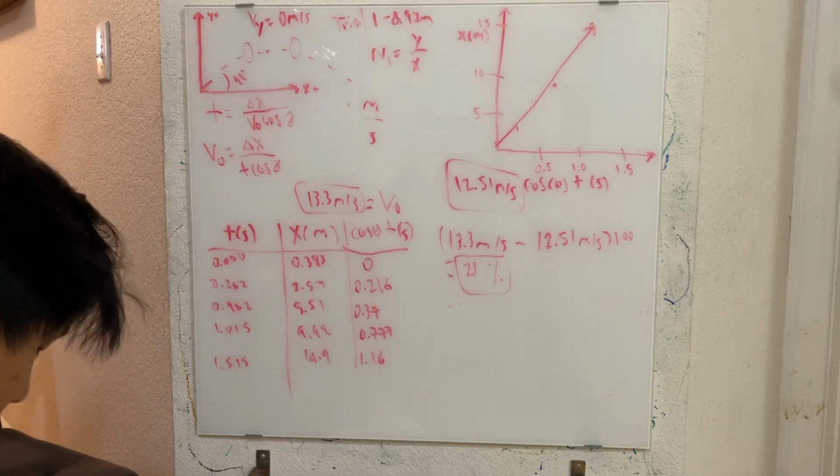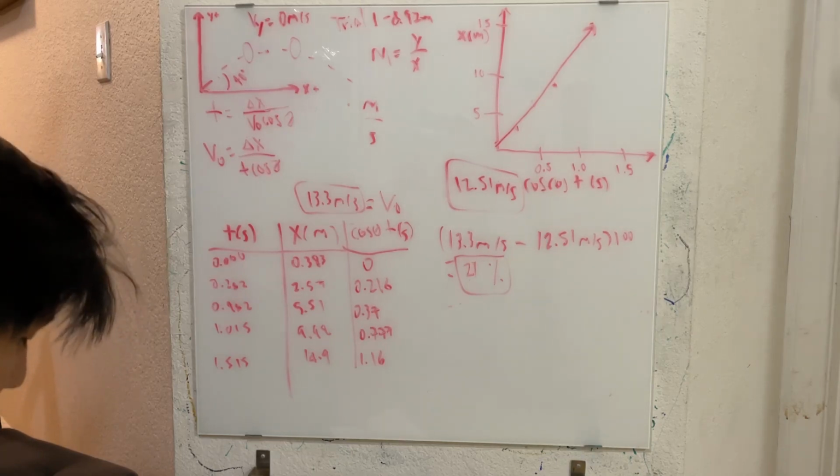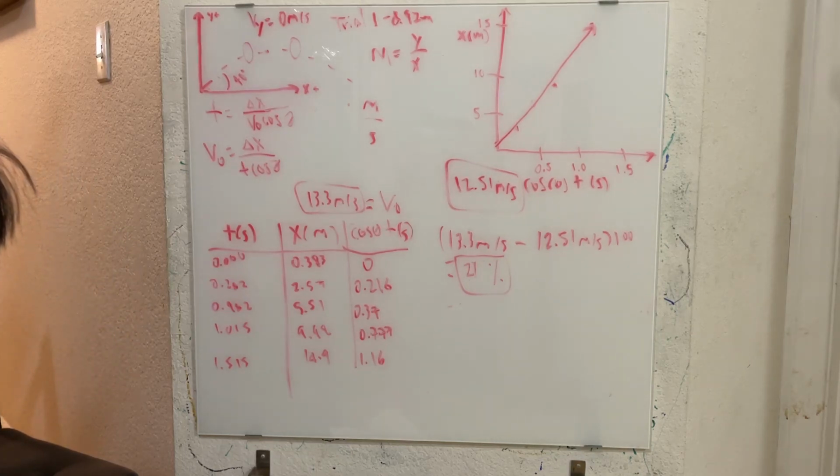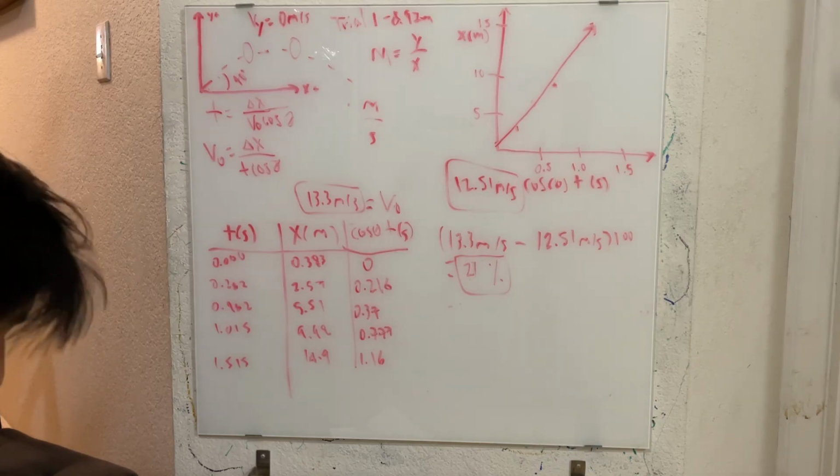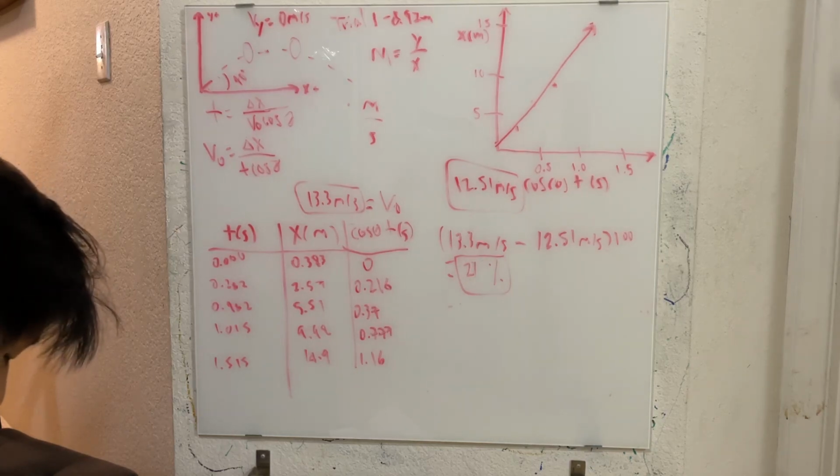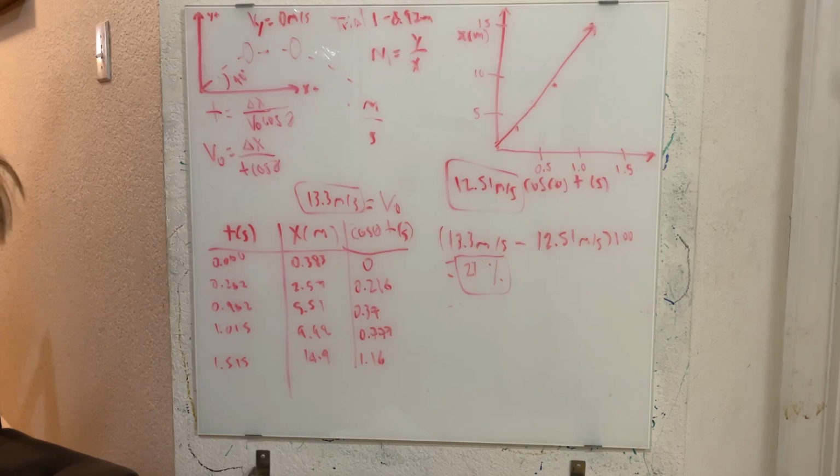So I would assume that if it was launched again at a smaller launch angle, it would not cover as much distance as compared to this first launch angle. But yeah, I think that covers all the questions in this FRQ.